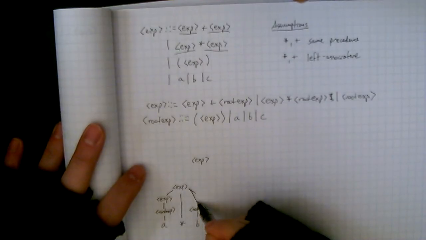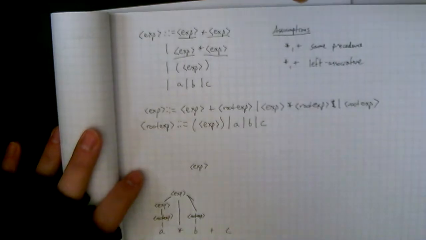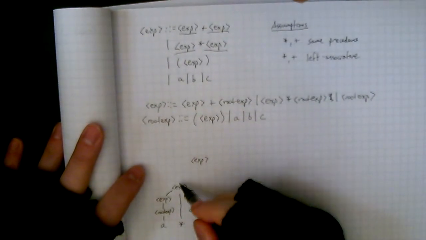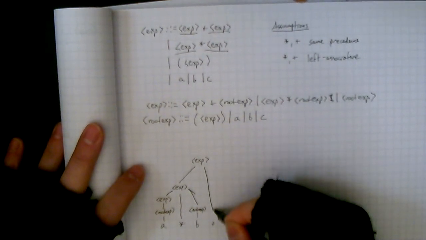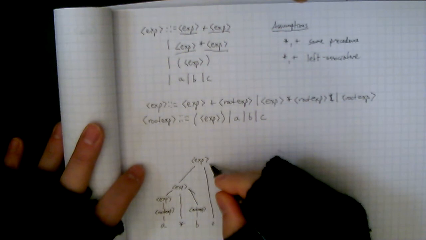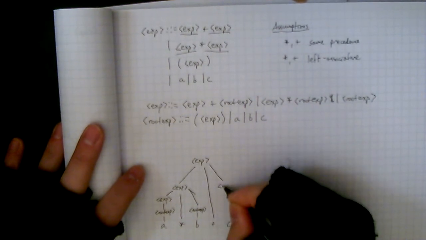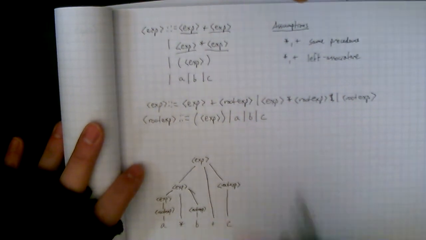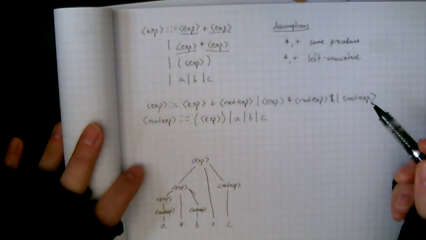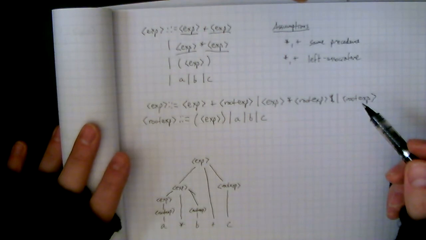So this one just goes straight down here. So that solves the first half of this part, which then has a line that goes down to plus, and then the other side goes to a root exp, and it goes here. So we can show that that is grouping to the left as expected for our left associativity.